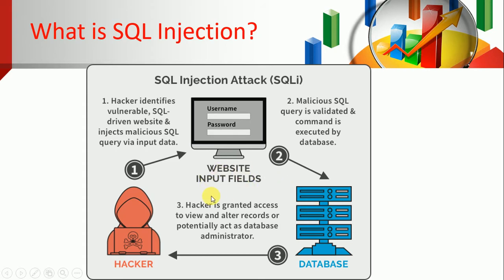And the third, the hacker is granted access to view and alter records, or potentially act as a database administrator. So the hacker is granted access to your database. This is how SQL injection works.